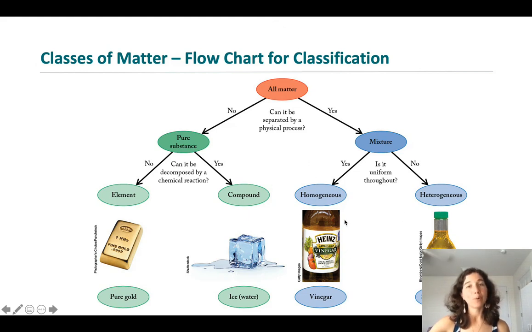These can be separated by physical processes, and you might take a mixture and separate it into a more refined mixture. Or if you have a really, really good separation process, you might separate it into two pure substances, and be able to isolate those further if you wanted by a chemical reaction, say.